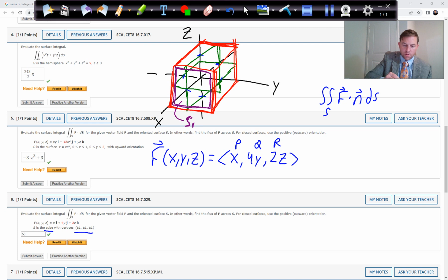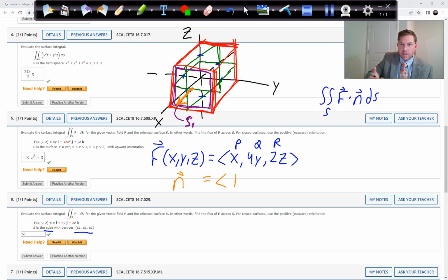So the normal vector for this cube right here, imagine putting a dot right in the center, is going to go this way. So it's going to go away from this surface, and it's pointing in the x direction. So the normal vector is just 1.